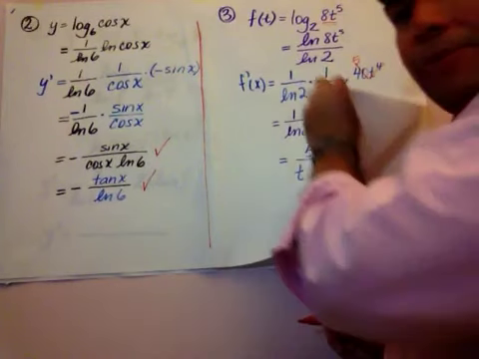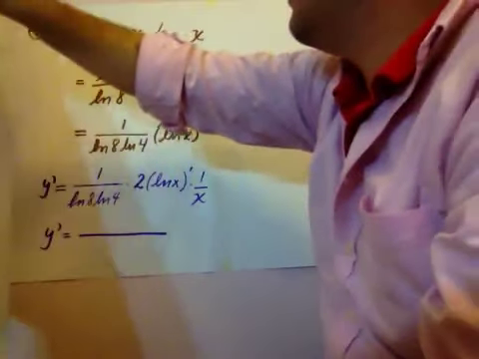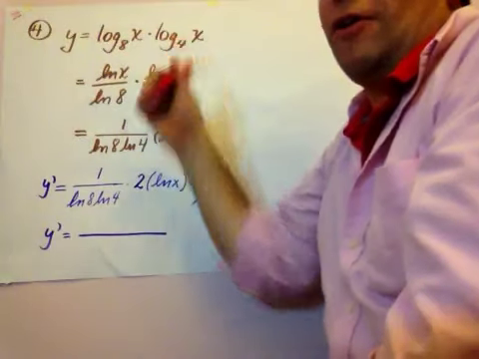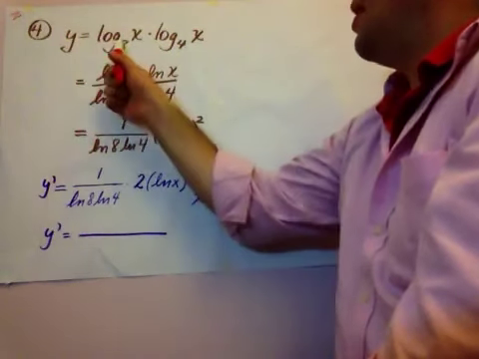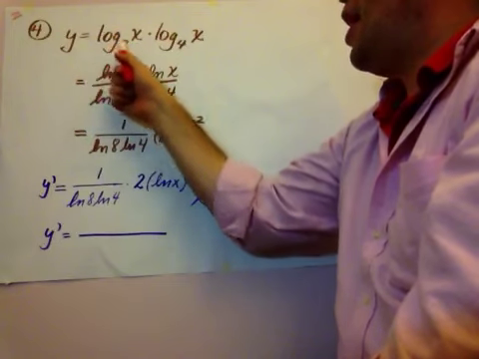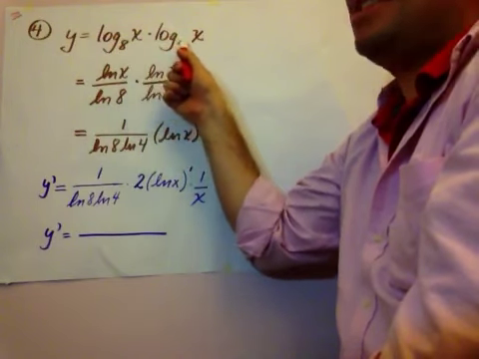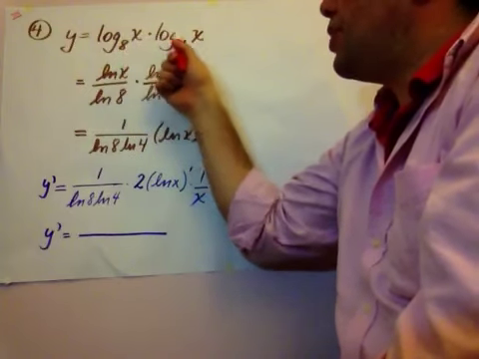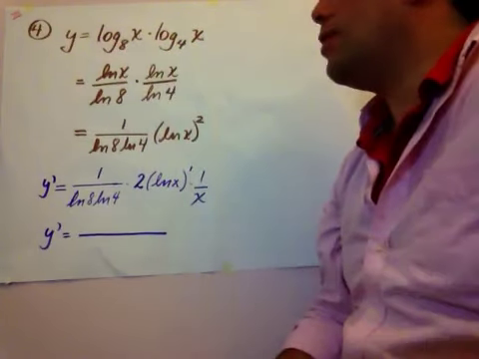One last example. Now we have a product of logarithms. We have logarithm base 8 of x times logarithm base 4 of x. Well, no problem. Each we transform into natural logarithms.